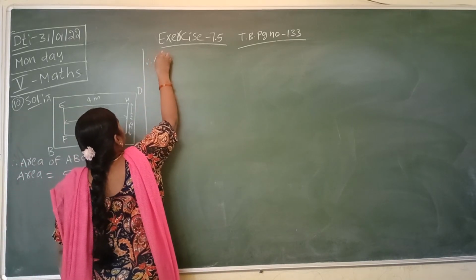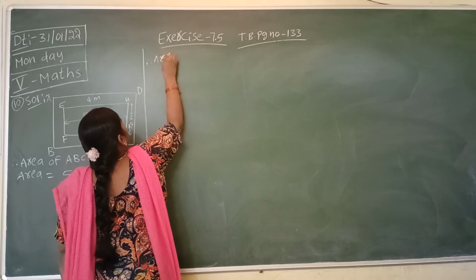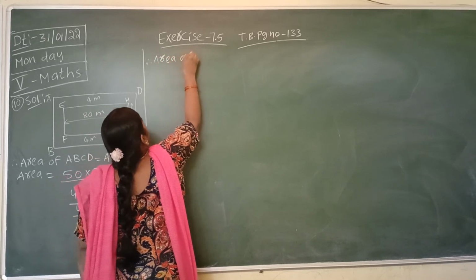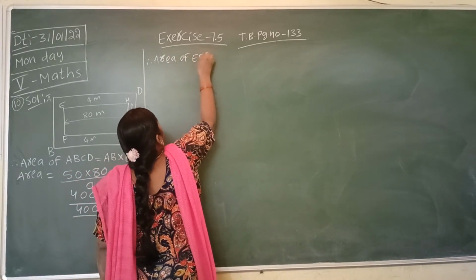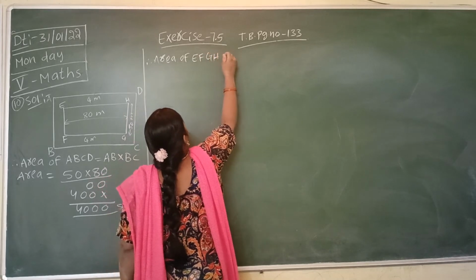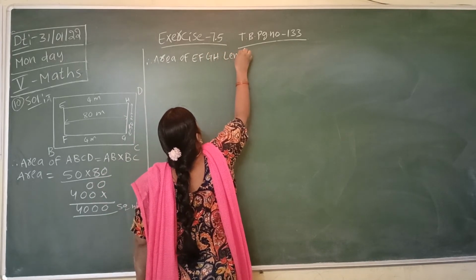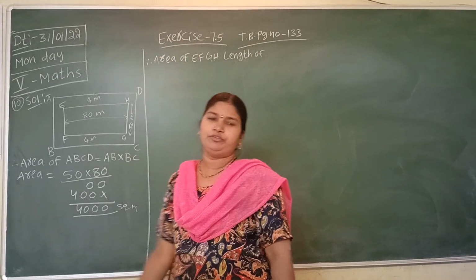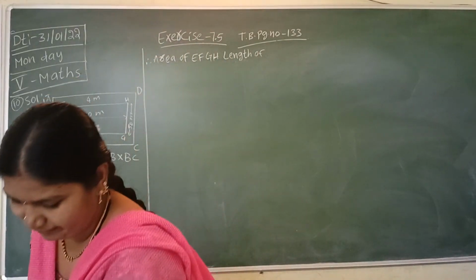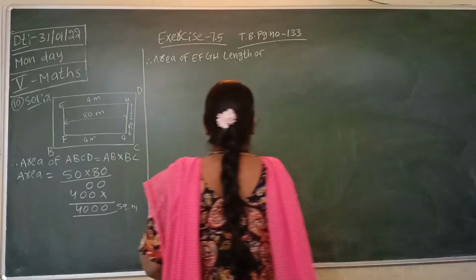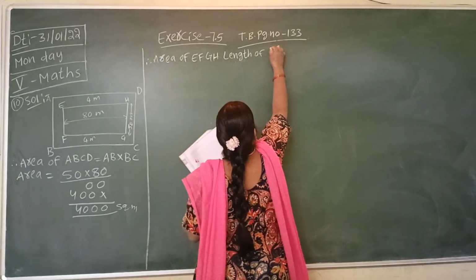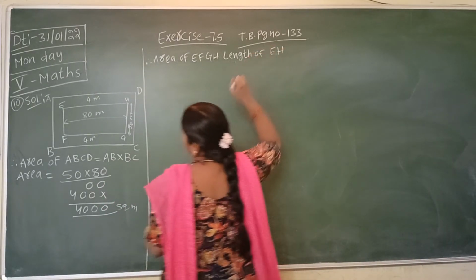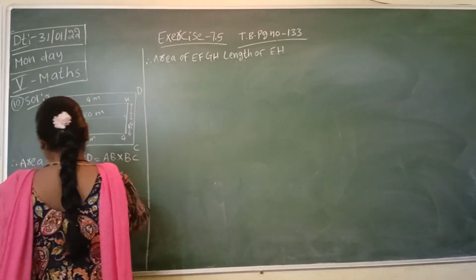Therefore, area of EFGH. First of all, you have to find it lengthwise. Length of EH means this one, here to here, and here to here.